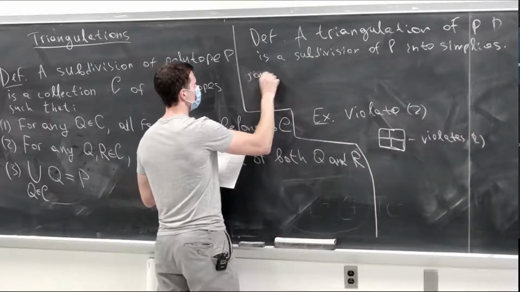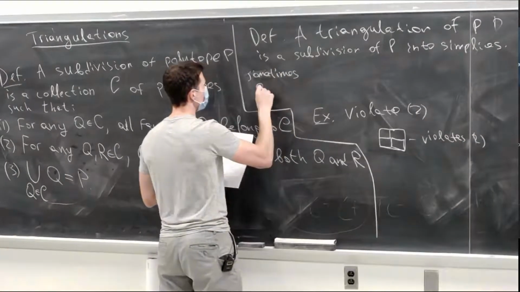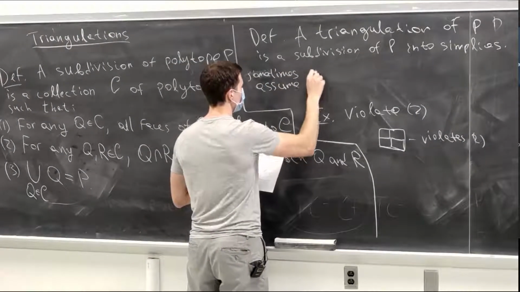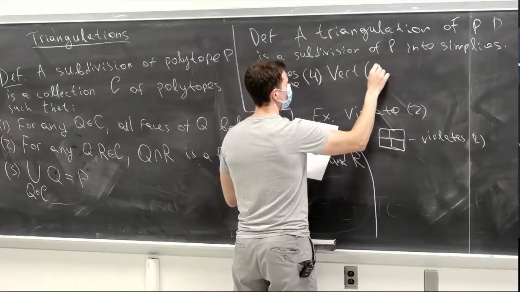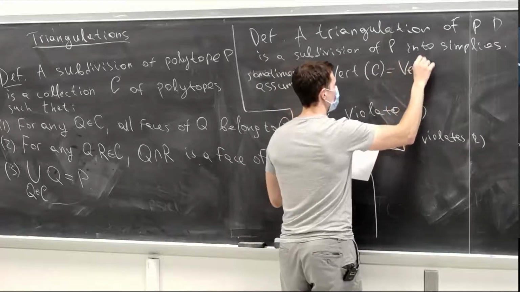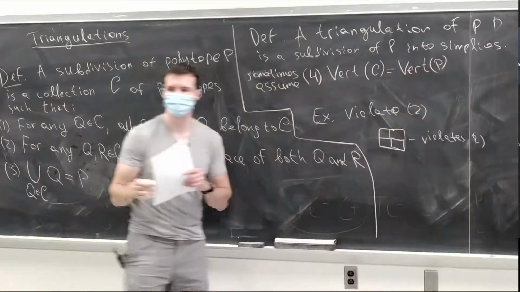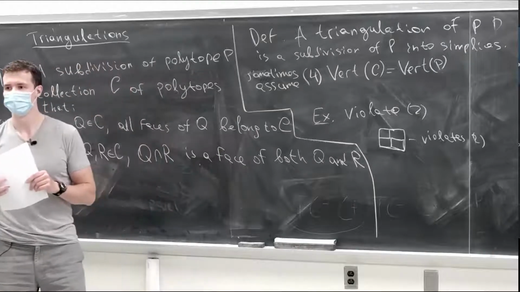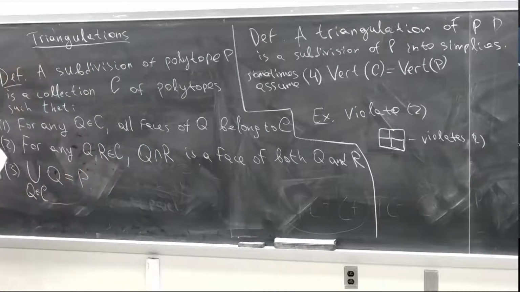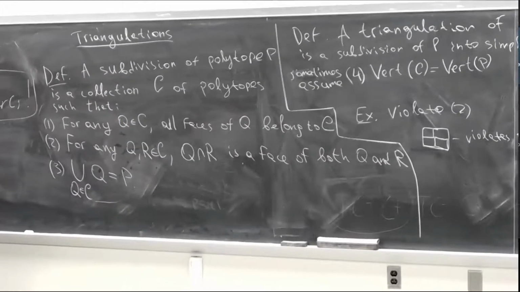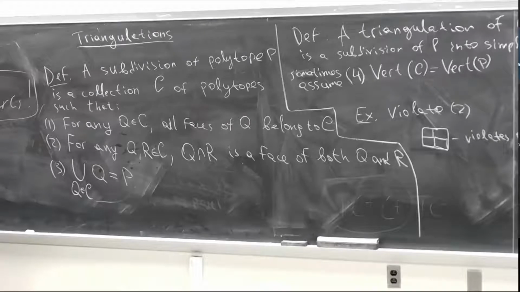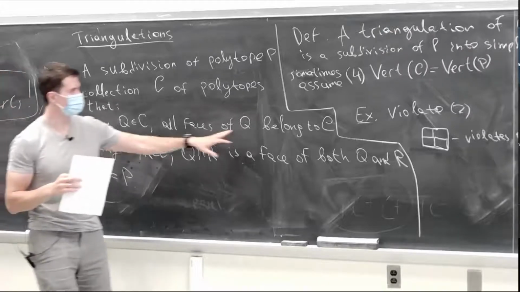Sometimes I'm going to assume condition number 4, which is that the vertices of C are the same as the vertices of P. Yeah, so I want all lower dimensional faces to be in my sets.